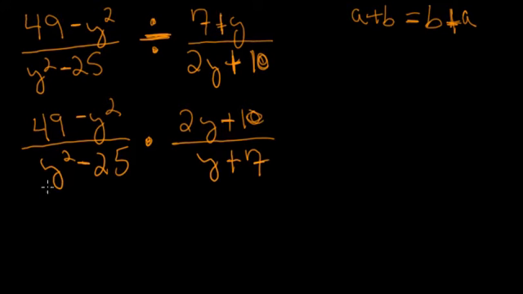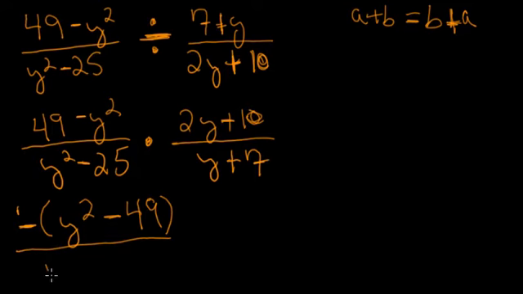I'm now going to factor everything. So what I want to do here is pull a negative out. So I pull a negative out front. That gives me y squared minus 49. But I've added a negative sign up front. If you don't see that, give yourself a minute and look at b minus a.